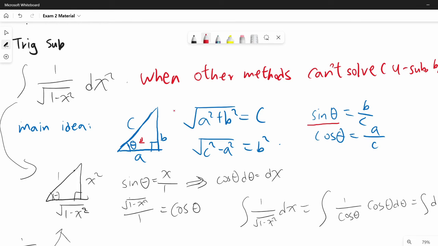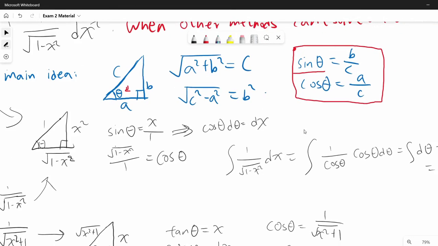That is generally what you can trig sub. These two connect what you have, which would be in the ABCs, to the angle that you're subbing, which will be the trig part.